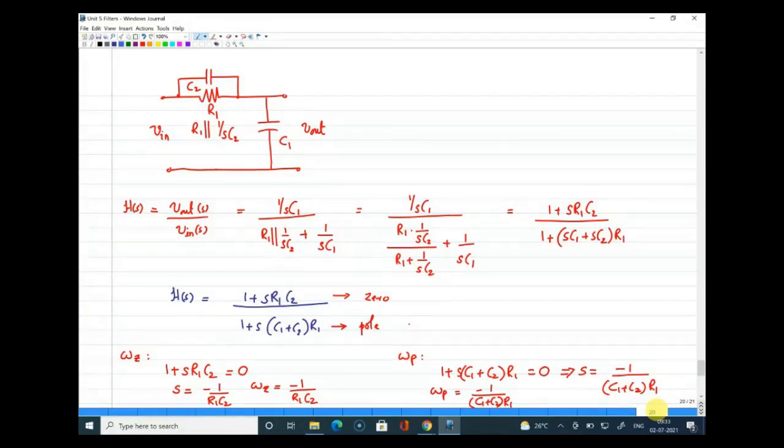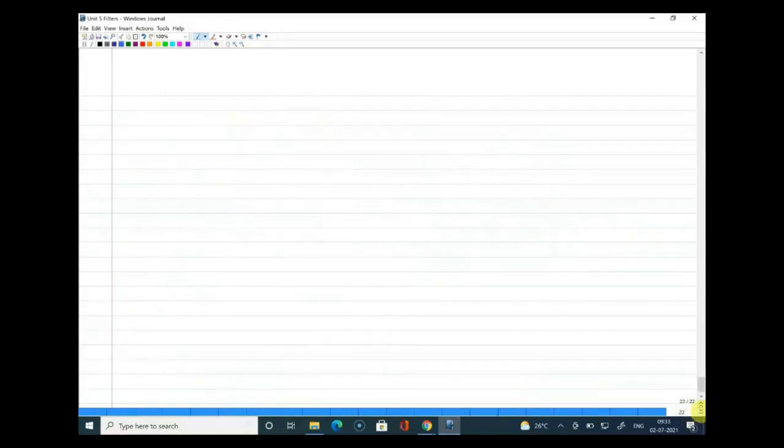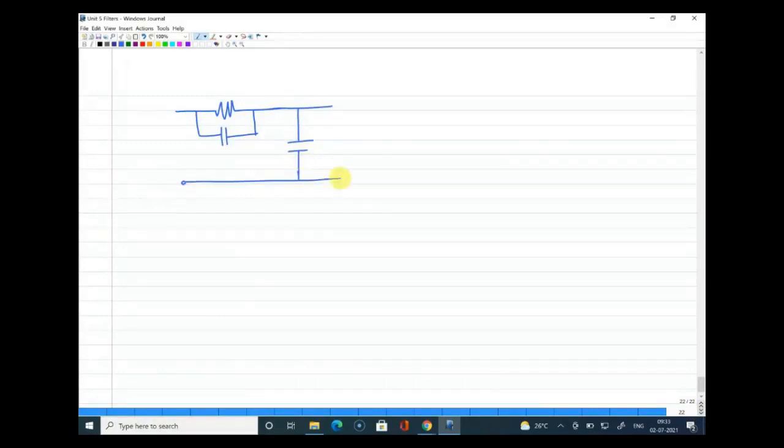Fine. So what I'm going to do now is, on this circuit, I have a capacitor, a resistor and a capacitor here, and another capacitor here. This is V in and this is V out.